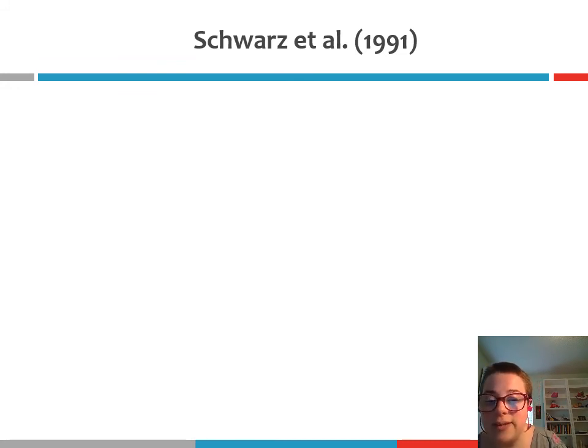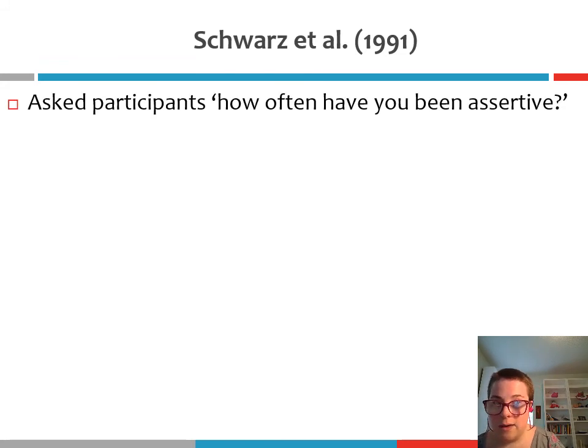But the availability heuristic also comes into play when we evaluate ourselves or we evaluate other people based on personality characteristics, for example. So in this particular study, participants were asked to answer the question, how often have you been assertive? Right?